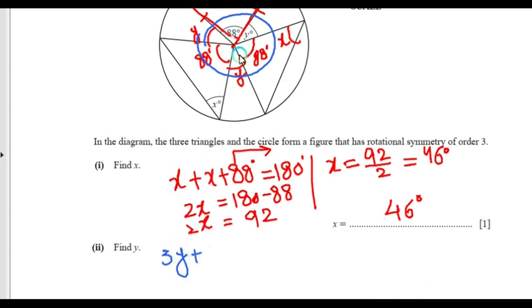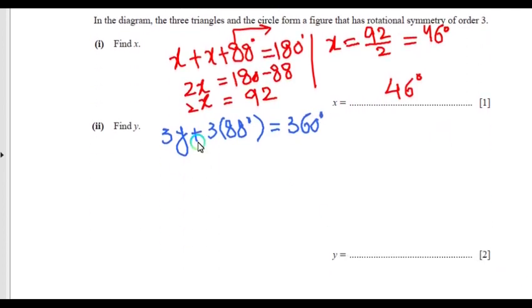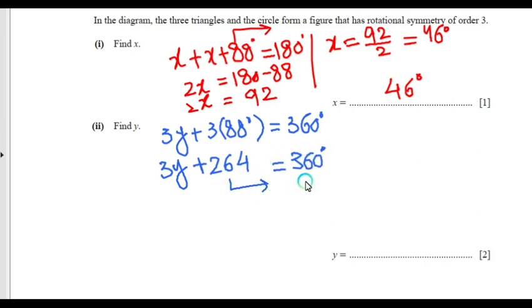Okay, the next part is find y. So to find y, we are taking this complete circle, right? The sum of all the angles at a point is 360 degrees, right? So how many y's are there? 1, 2, 3. So 3y plus 88, how many 88s? Again 3 times 88. So these are the 6 angles and their sum should be equal to 360 degrees, right?